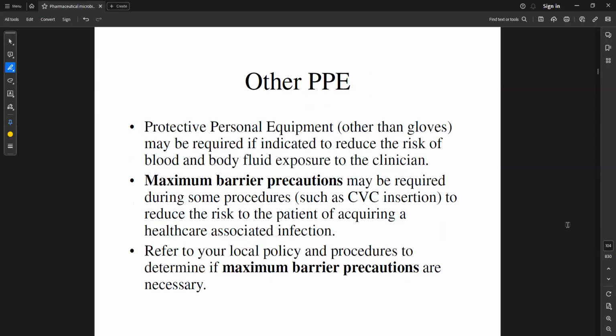Basically, PPE is mostly to protect the clinician and also to protect the patient from other infections that may be derived from the clinician. Maximum barrier precautions may be required during some procedures, such as CVC insertion, to reduce the risk of the patient acquiring a healthcare-associated infection. Refer to your local policy and procedures to determine if maximum barrier precautions are necessary.